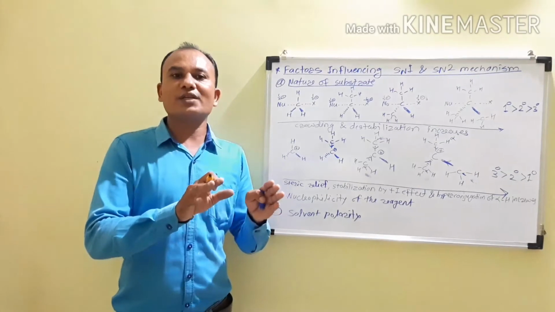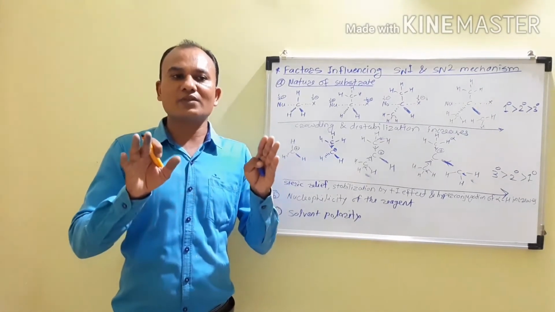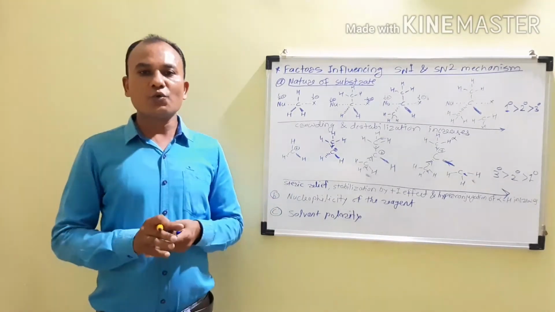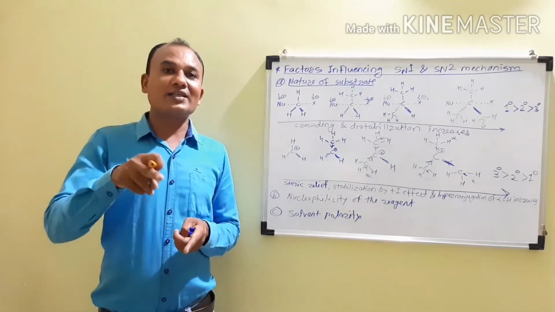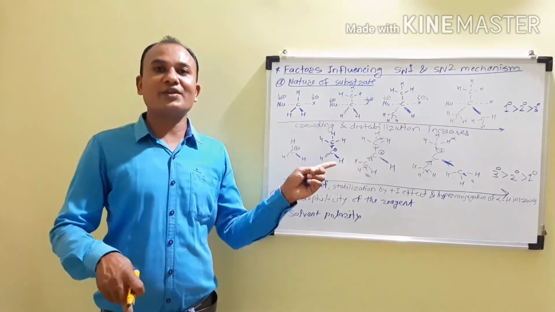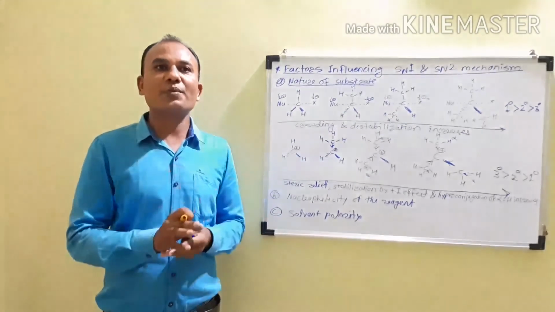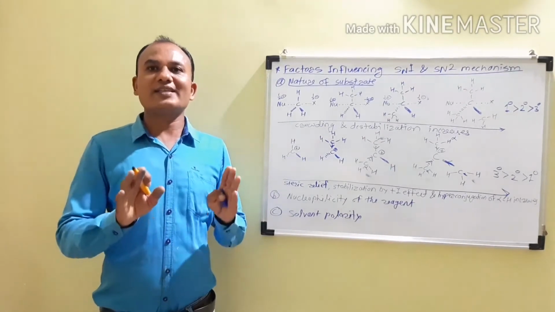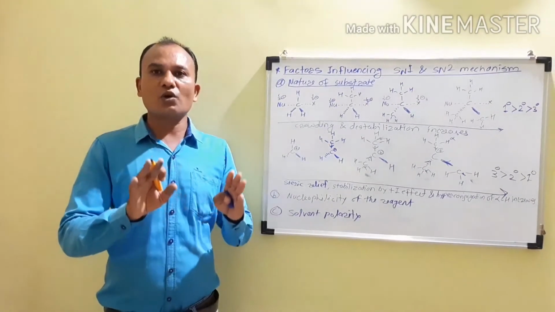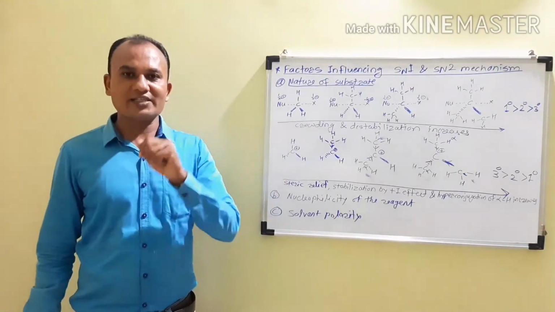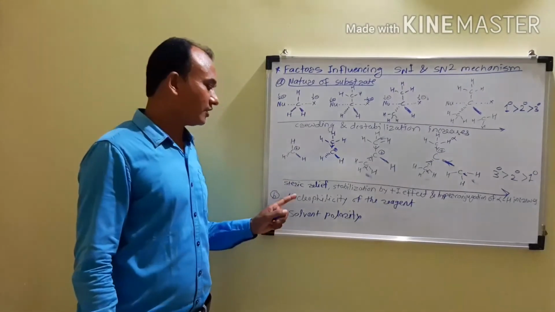It means the rate of the SN1 reaction is not affected by the nucleophile because it attacks in the second step. In the rate equation there is no nucleophile, only the substrate. Therefore the nucleophile does not affect the rate of the reaction in the SN1 mechanism. So that is the second factor.